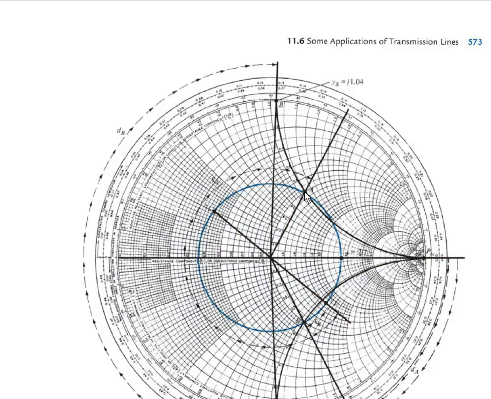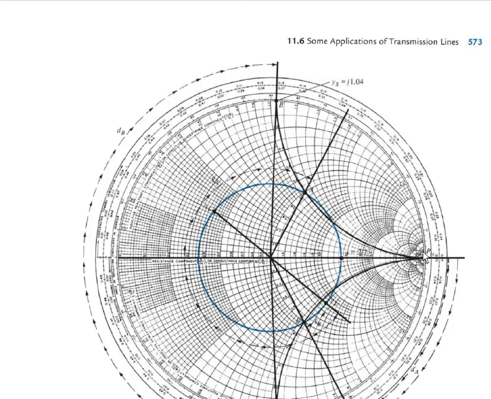Then you find where this R equal to 1 circle meets this blue circle, that means the VSWR circle. So the R equal to 1 circle meets it at this point A and this point B.